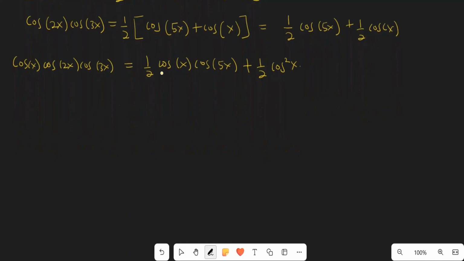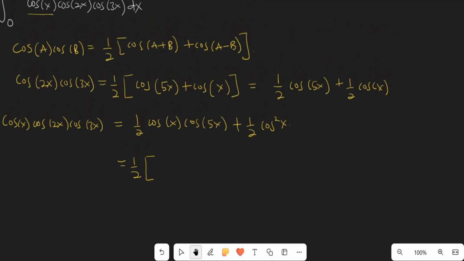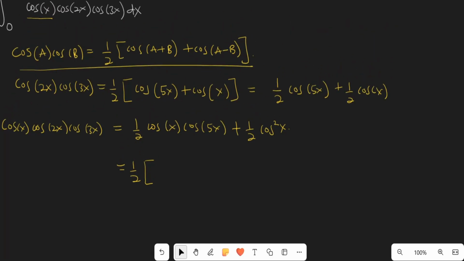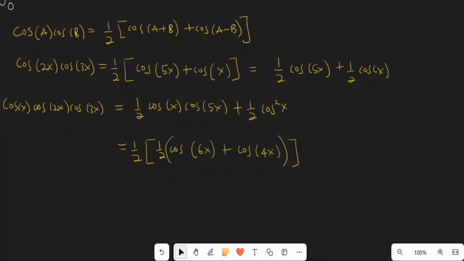And we can utilize the identity here again. So this is going to be 1/2, utilizing this one again, another 1/2 cosine of A plus B, which is x plus 5x, which is 6x, plus cosine of A minus B. A here is 5x and B is x, so that is going to be 4x, subtracting them, plus 1/2 cosine square x.